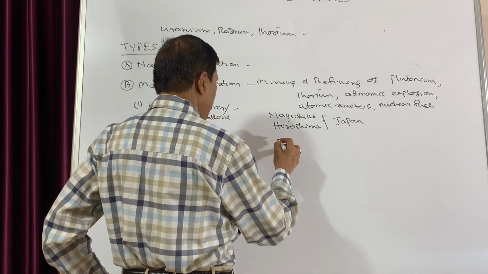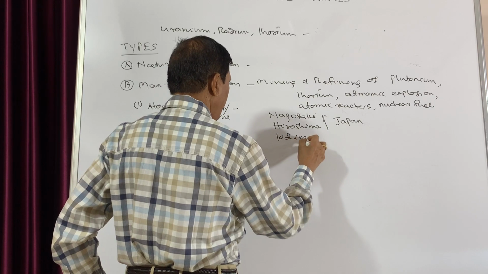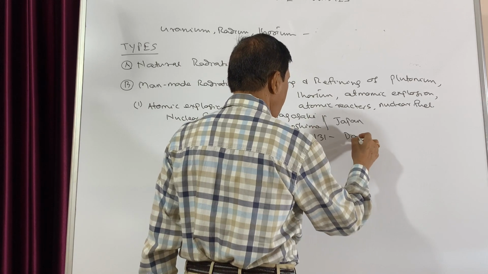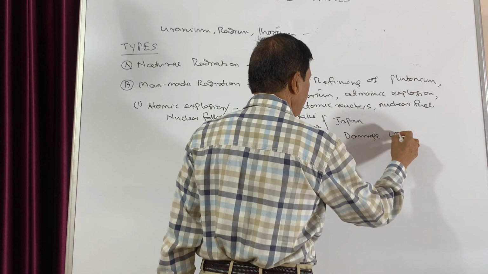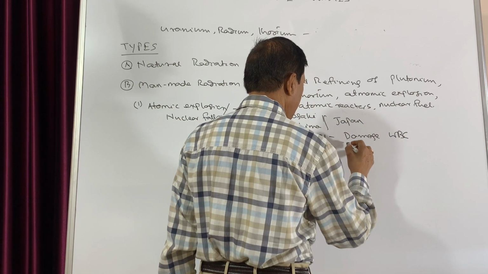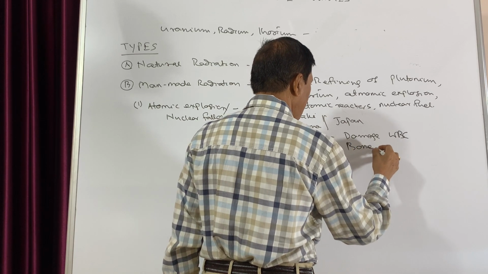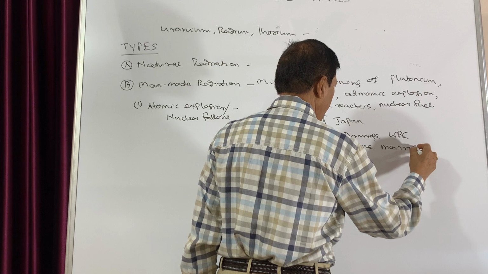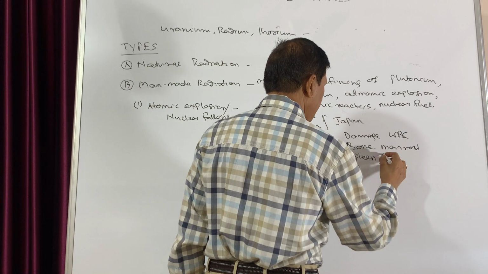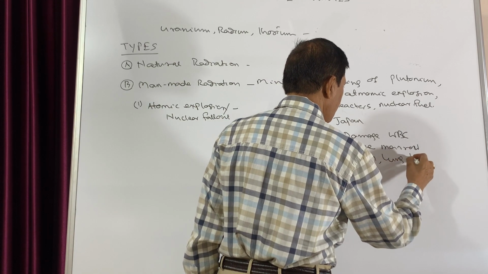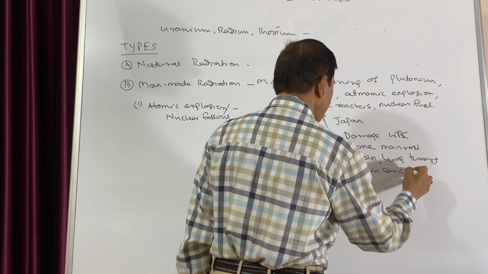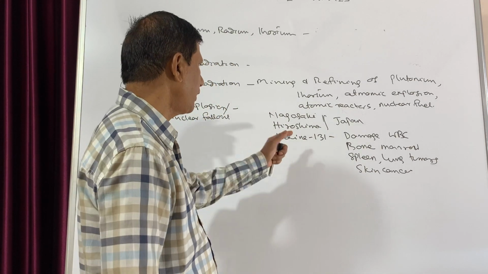Iodine 131 usually damages the white blood corpuscles. That is one important effect. Then it damages bone marrow, the spleen, and also causes lung tumors and skin cancer. These are the different types of defects caused by iodine 131.